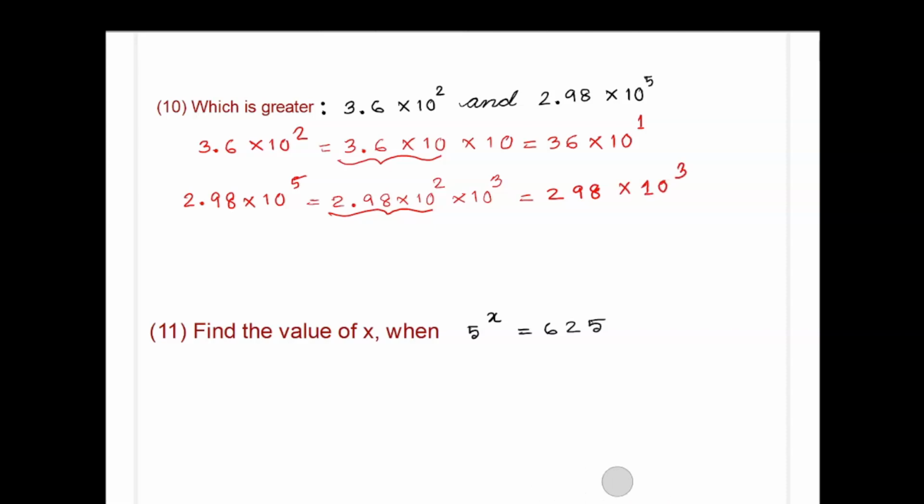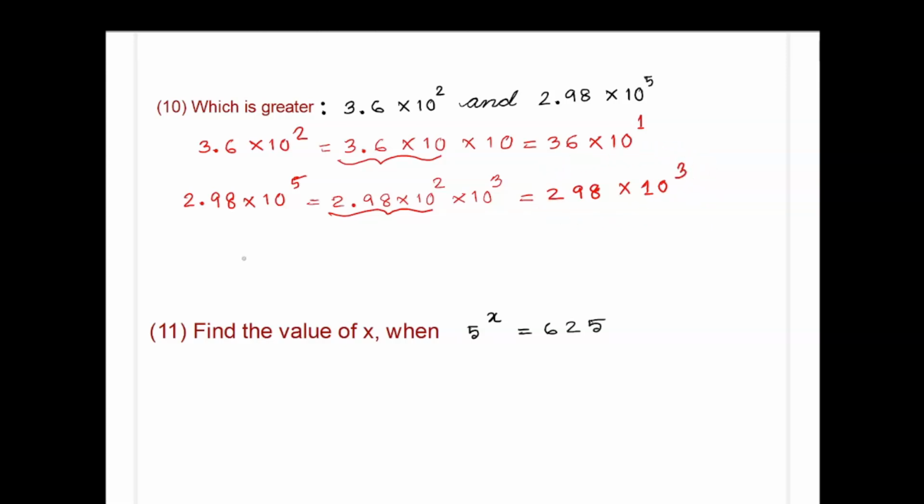Is it? Now see. Now you just compare the first two numbers. Here it is 36. Here it is 298. Already this number is greater. Okay. And here how many 10s? 1 ten. And here how many 10s? 3 tens. So definitely which one is greater? This one? Yes.